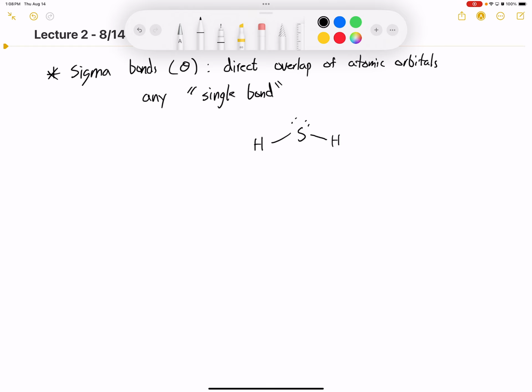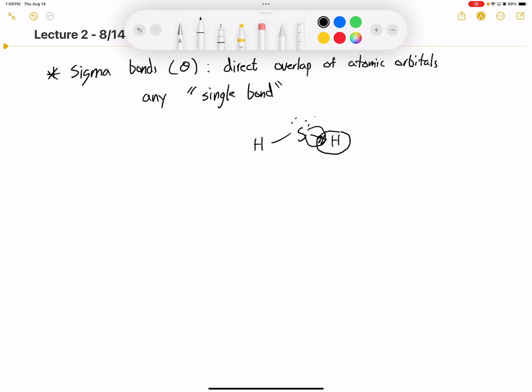Likes 2 lone pairs, likes 2 bonds. Okay, so here we can say that sulfur will use one of its orbitals here, and hydrogen will overlap like this, and you'll form a bond there, okay? So if you can't see that, I basically drew 2 arrows up and down, all right?